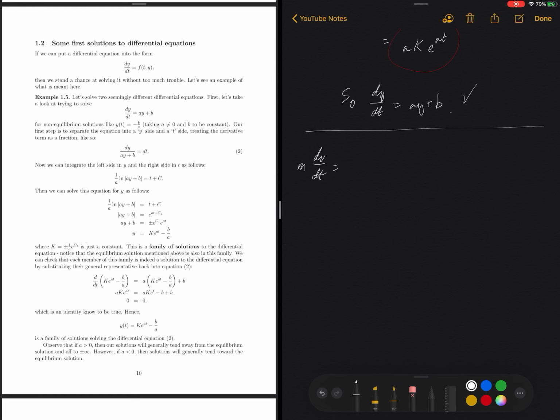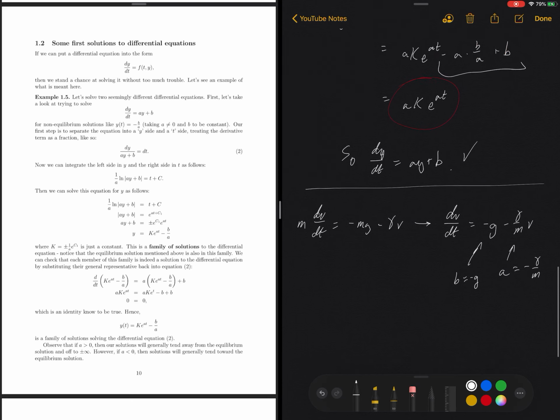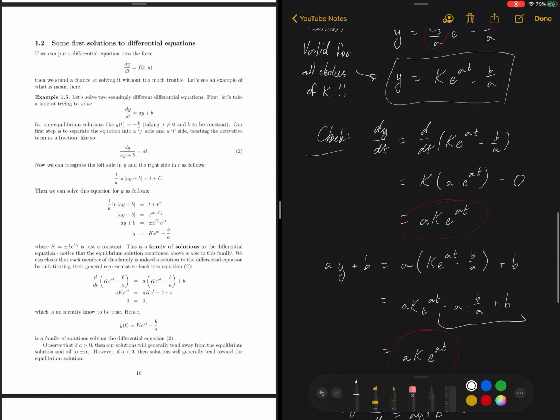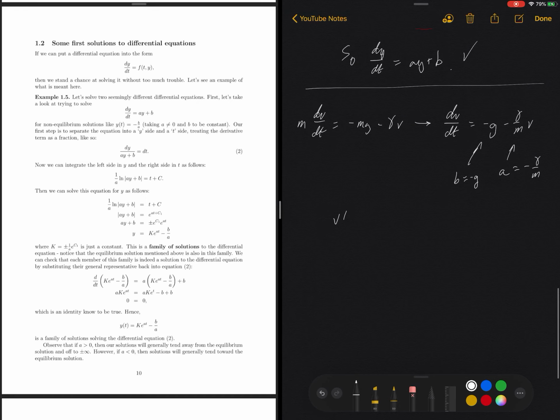Now, to bring this full circle, we had m times dv dt equals minus mg minus gamma times v, which I can put into the correct form here, where we can use our result. We get dv dt equals minus g minus gamma over m times v. So in this case, the constant that's sitting in front of the v is the a term. So a is equal to minus gamma over m, and that would mean that the g term becomes the b, or minus g is b. And I can go ahead and use my solution from up here.